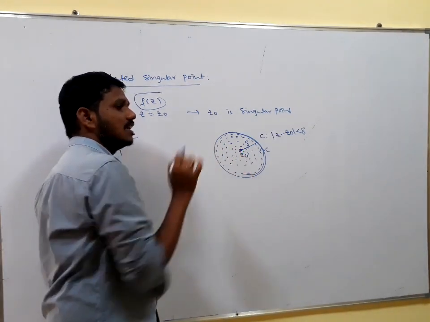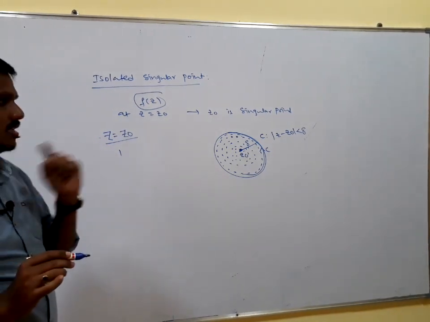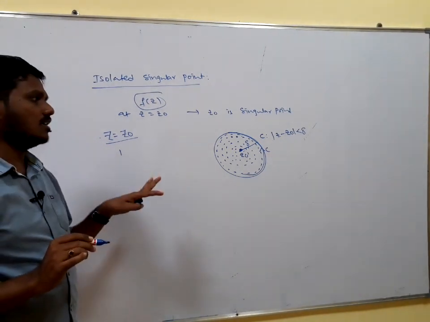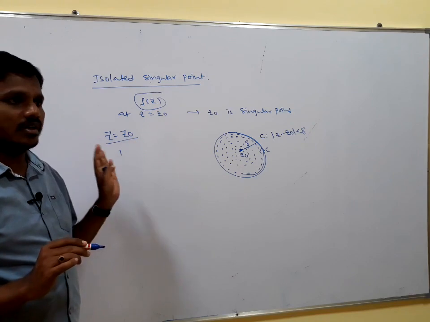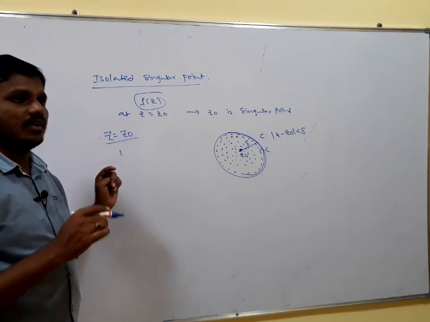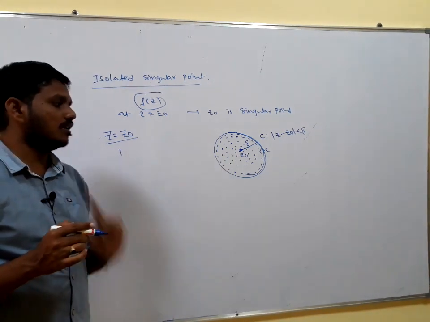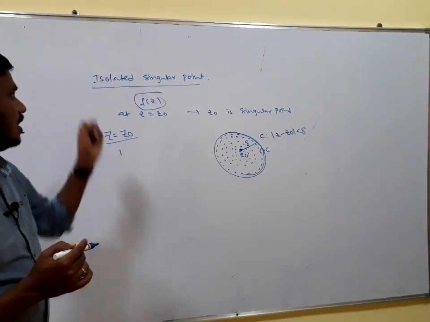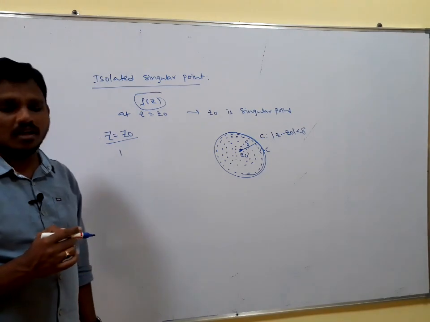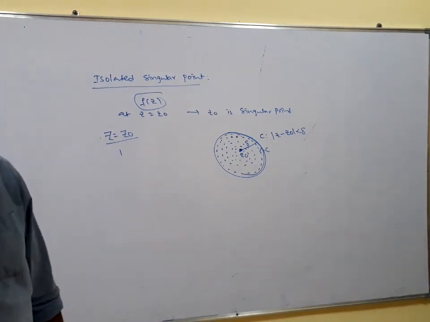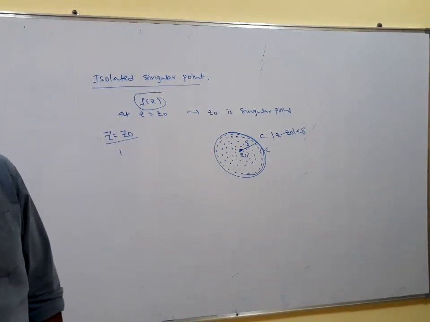So we say that z naught is the isolated singular point. Simple definition, right? A singular point is said to be an isolated singular point if, in the neighborhood of z naught, the function is analytic everywhere except z naught. Let us take one example for the isolated singular points.